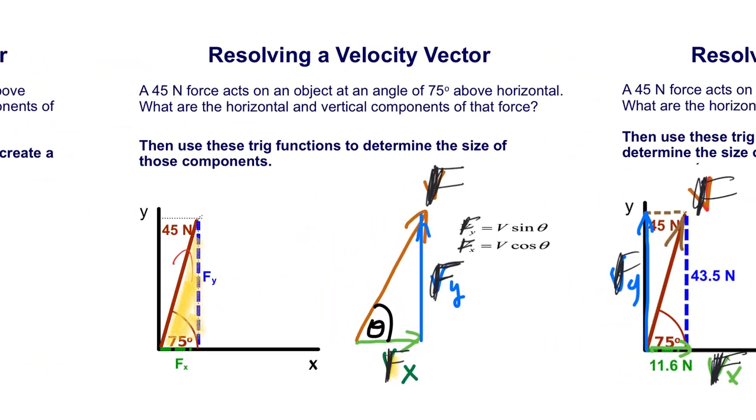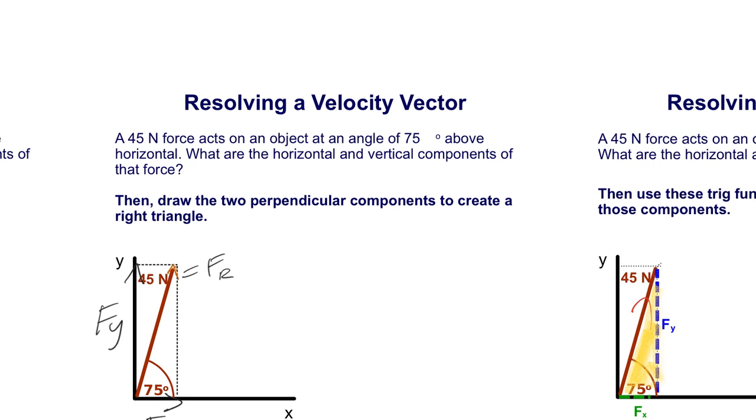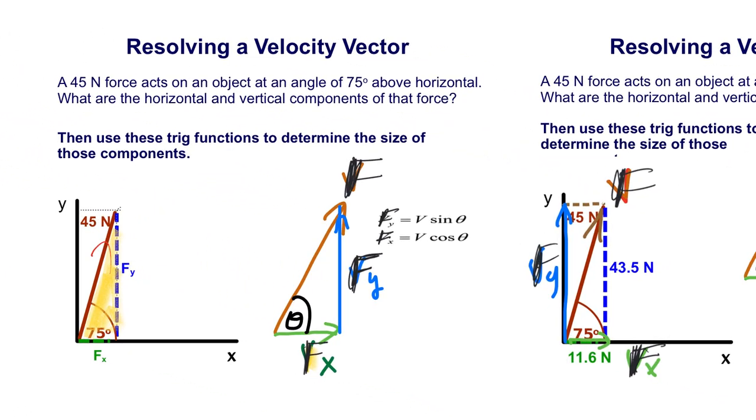I should have said this. Newtons is the unit for force. It's about a quarter pound. So the Newton is the unit that we use in physics for force. So that's why you're seeing that capital N there.